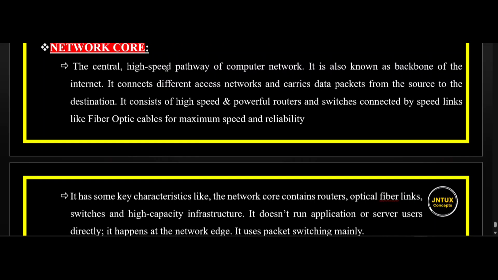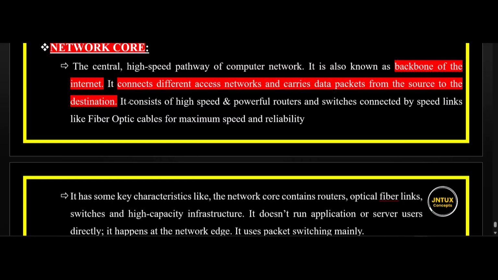The central high-speed pathway of computer network. It is also known as the backbone of internet. It connects different access networks and carries data packets from the source to the destination. It consists of high-speed and powerful routers and switches connected by high-speed links like fiber optic cables for maximum speed and reliability.